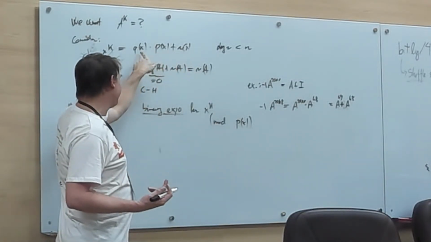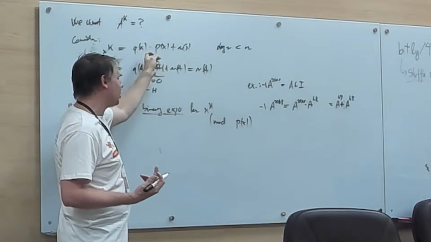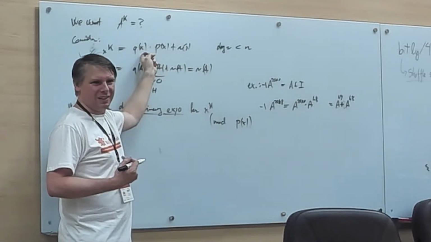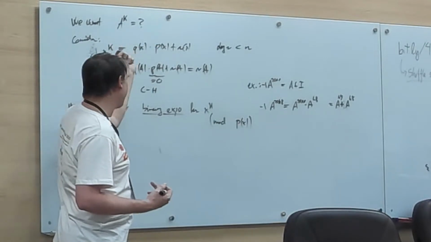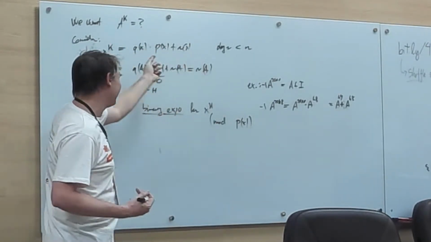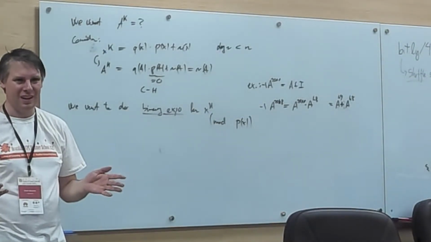Because this Q(x) would have a large degree. If n is like 2000, this is 10 to the power of 18, so this is almost a 10 to the power of 18 degree polynomial. There's no way to directly calculate it.